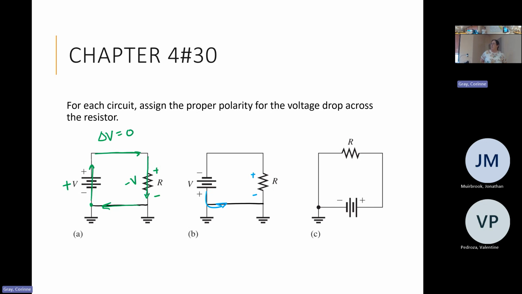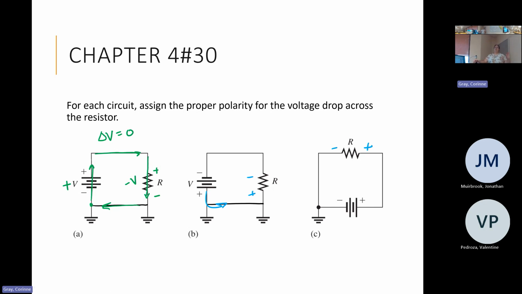What about C? How do you know which side is the positive side? Okay. So what side did you put the positive on? Yeah, so I have positive here, negative here.